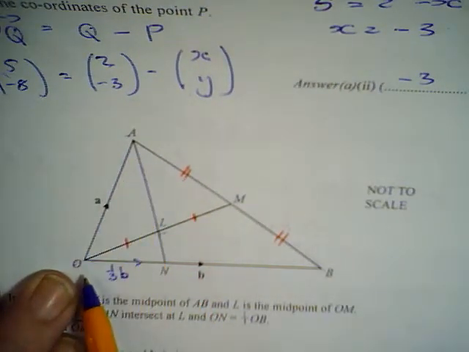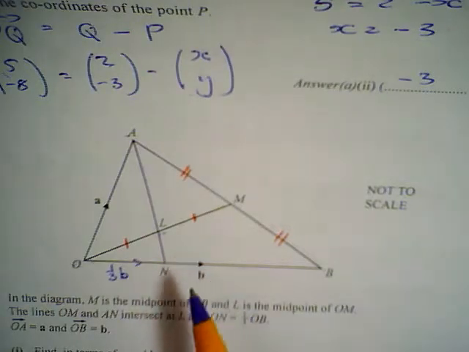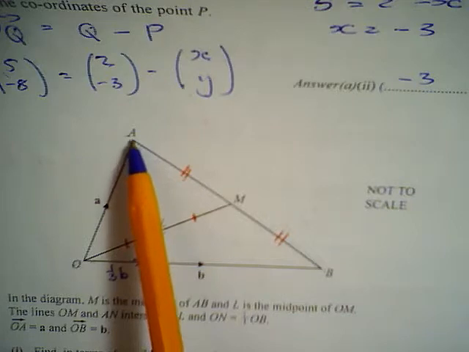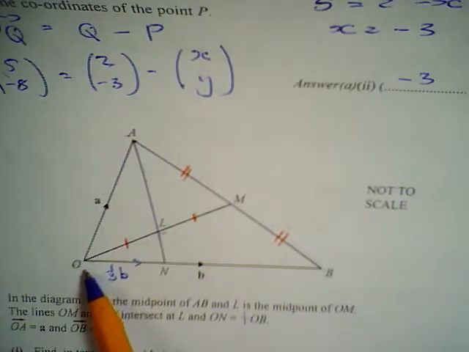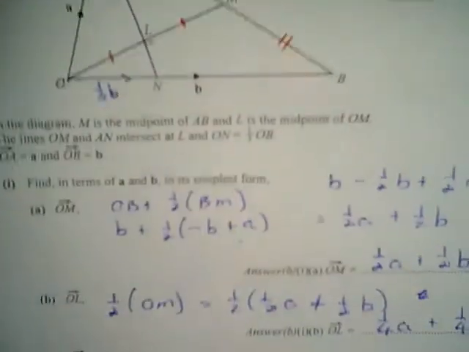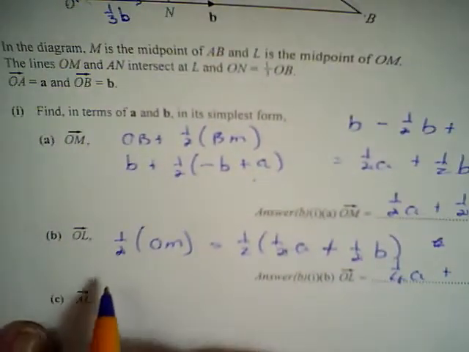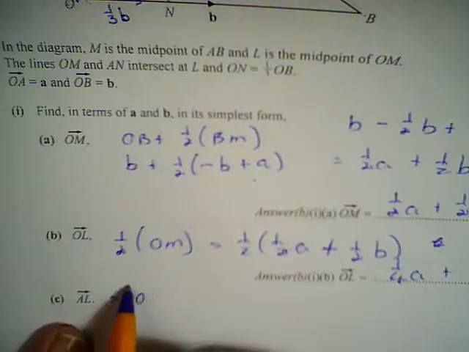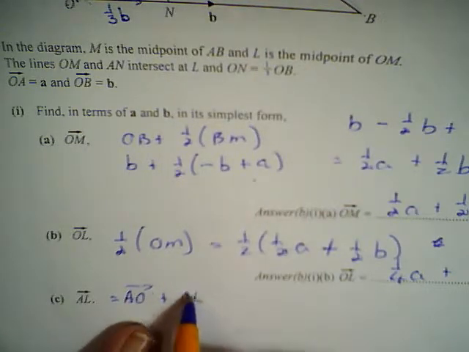I don't have AL. Okay, so how do I find AL? AL is AO plus OL. And we found OL. Okay, so AL is AO plus OL.